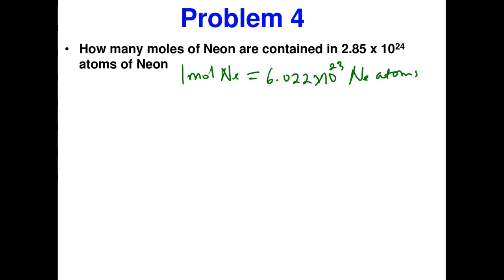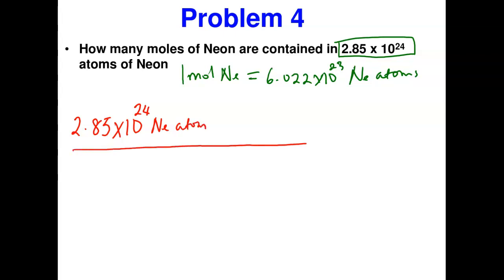So what I'm going to do here is that we're going from atoms to mole. That's exactly what we're doing. So I start from what I was given. Remember, I was given this. Then, if I'm given that, I'm going to put it in. So it's going to be 2.85 times 10 to 24 neon atoms.